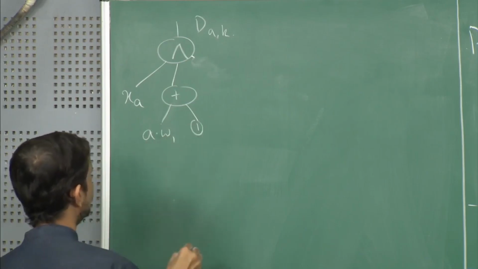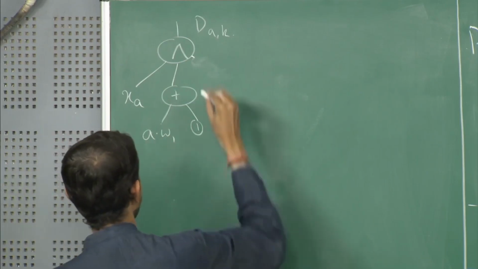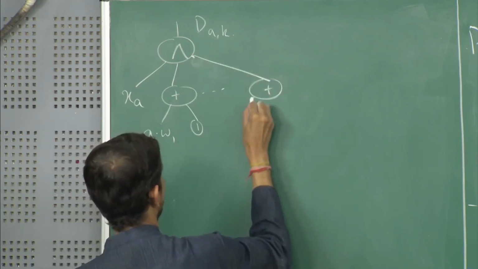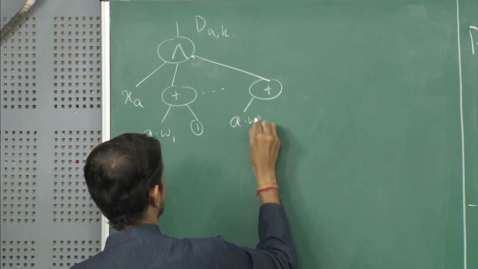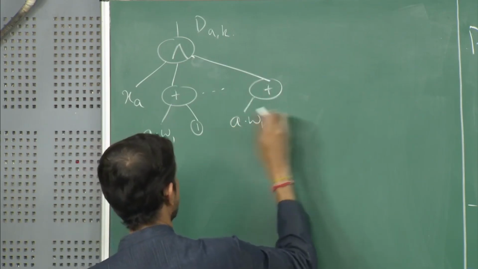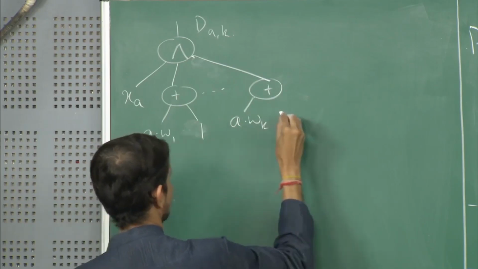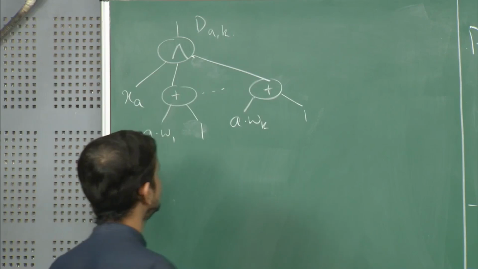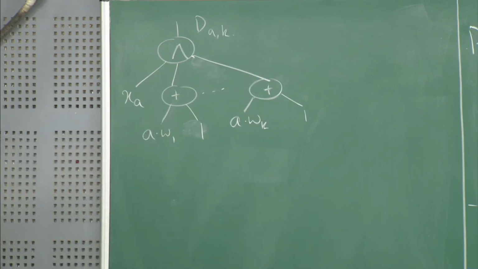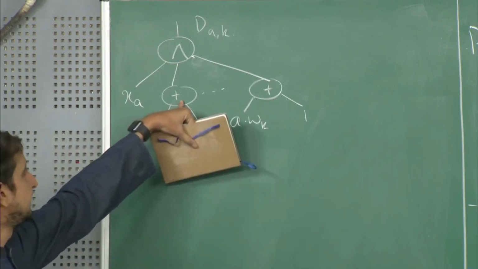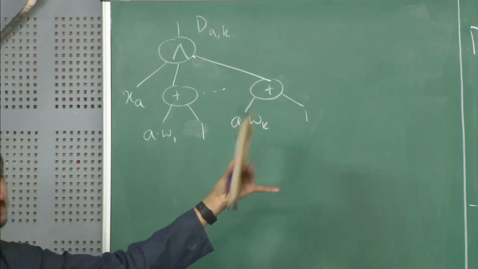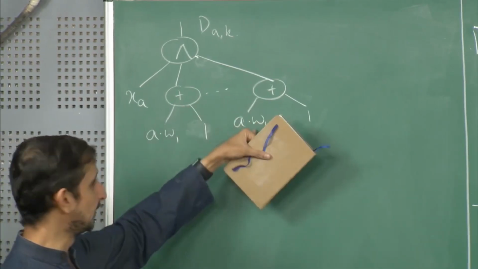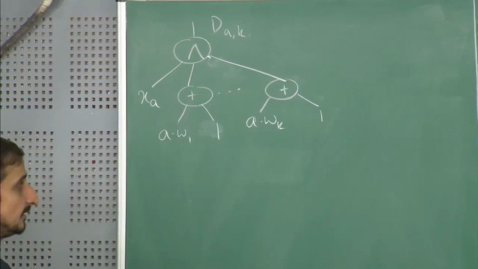A dot W1, up to A dot Wk, and just 1. Anyway, A dot Wi has a parity gate at the top. So to that parity gate, I'll just add an extra 1. That's all. I actually don't need to add this layer over here. It is still just a sigma pi.